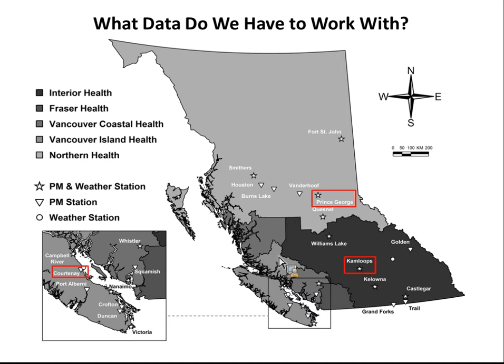And very, very fortunately, we were able to piggyback on work that Scott Weichenthal was already doing in Prince George, Kamloops, and Courtenay, where he had studies that had lasted a couple of years, and every day during those studies, they had measured levoglucosan concentrations in these 3 communities. So we have a bit of information about that gold standard.